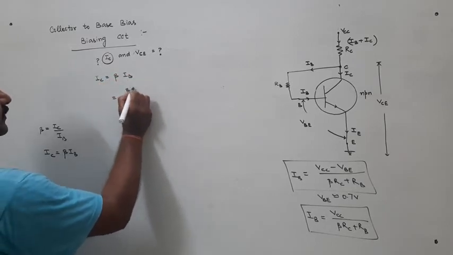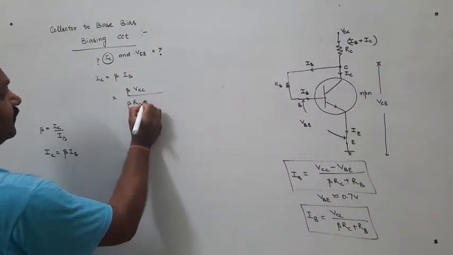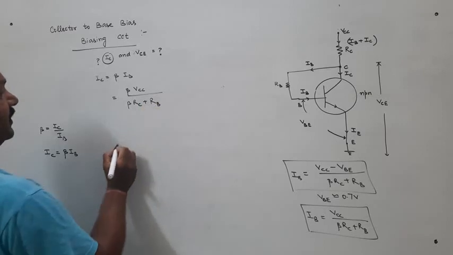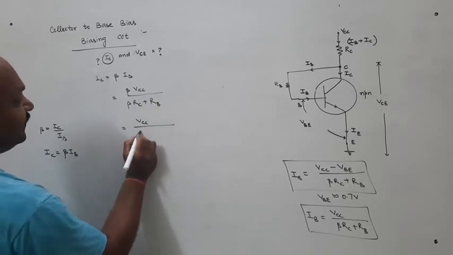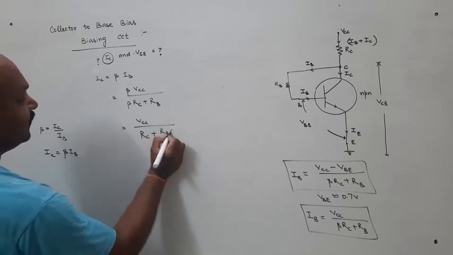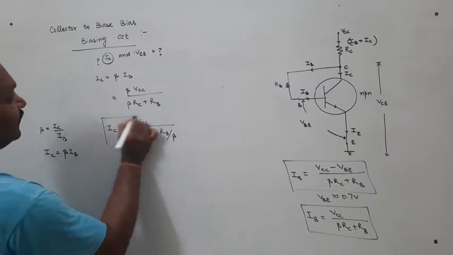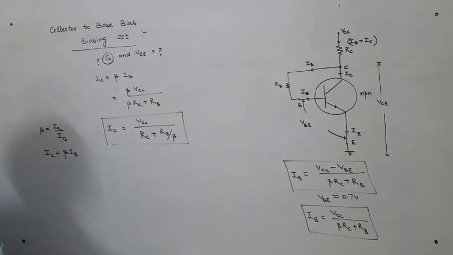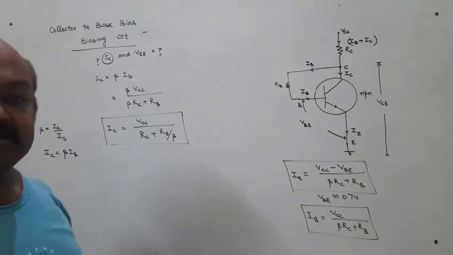So it is, dividing each term numerator and denominator by beta. This is the formula for IC. So this is the first operating point parameter for this very circuit.